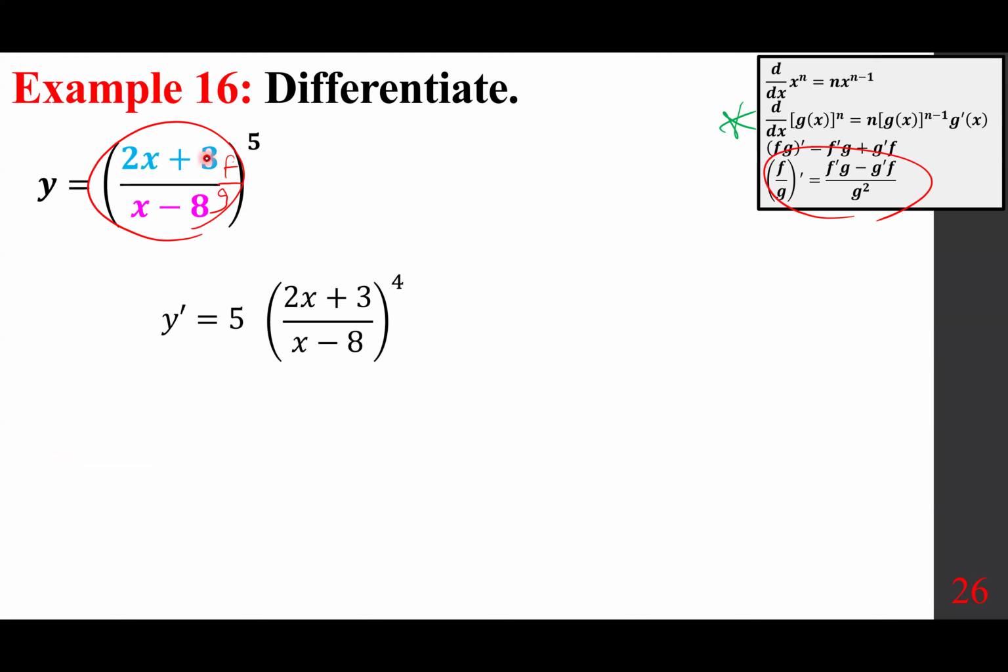So f prime is 2 times x minus 8, minus g prime, which is just 1, so minus 1 times the top, 2x plus 3, over the bottom, x minus 8 quantity squared. This is it. As far as calculus is concerned, everybody, you're done.